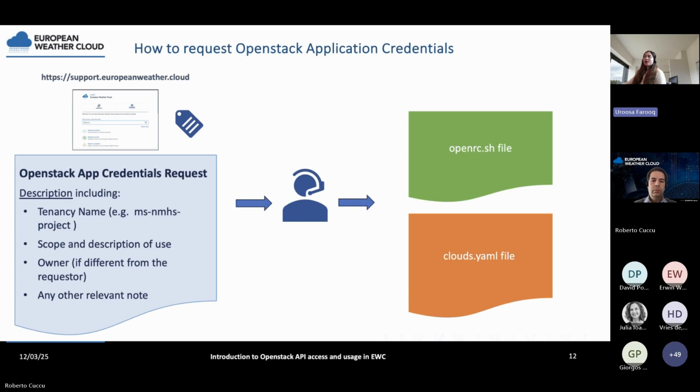So how do you request this credential? It's a simple process. All you have to do is raise a ticket in the EWC support portal. The link is mentioned in the slide as well.